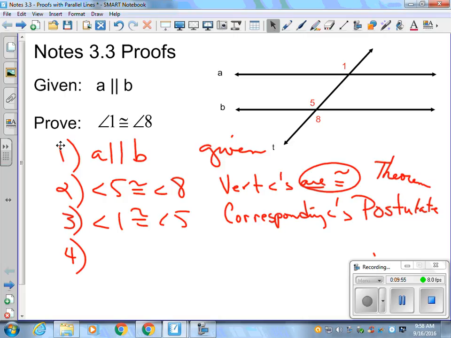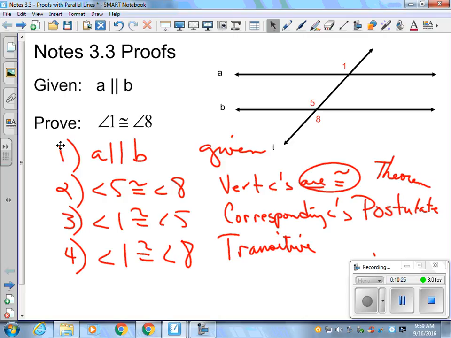And what property have we studied that says that? The transitive property. So therefore, we can say angle 1 is congruent to angle 8 due to the transitive property, because it allows us to take out the one that they're both equal to, the 5s, and put them together into one statement. And that's what somebody did when they proved that 1 and 8 are really that type of angle that you're talking about.